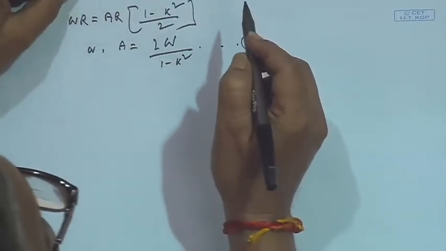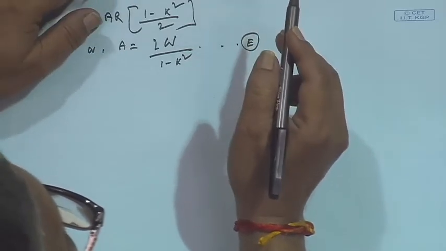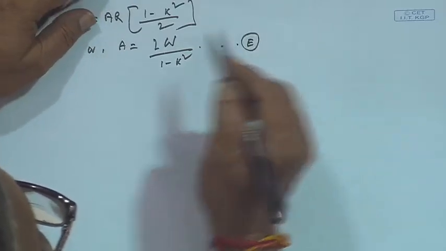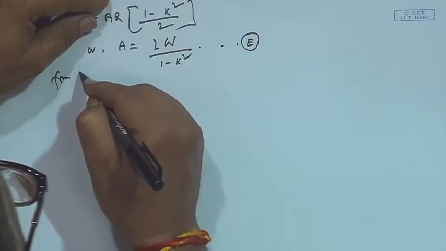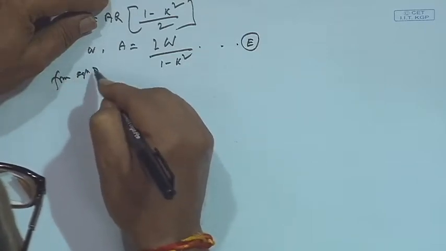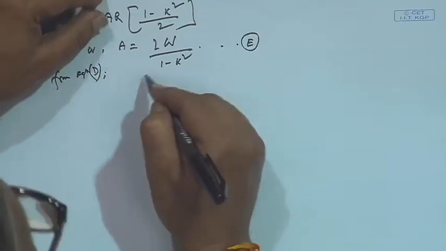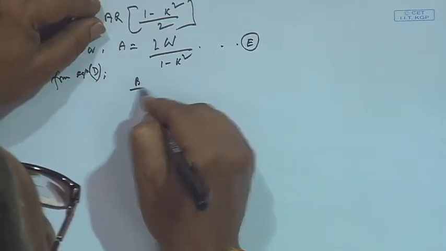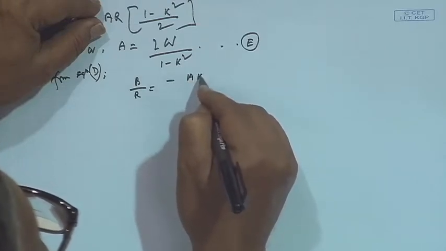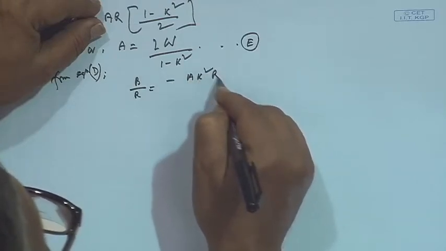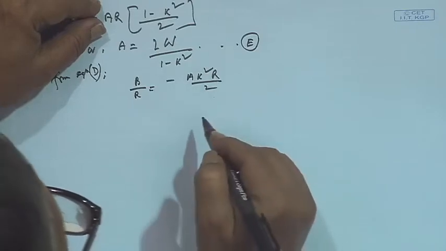We can write from the other relation, from equation D, b by R is equal to minus a k square R by 2.